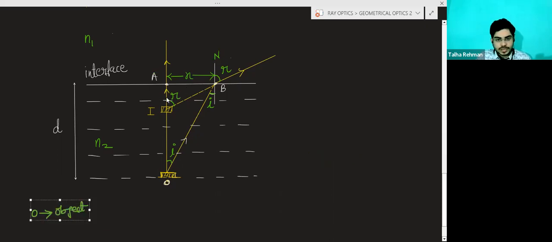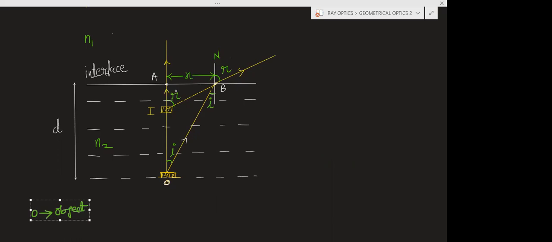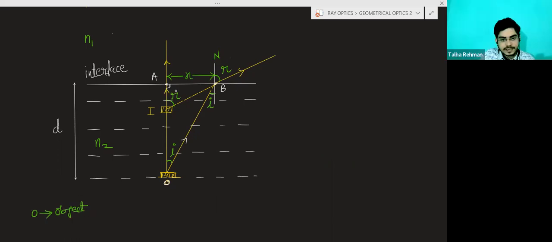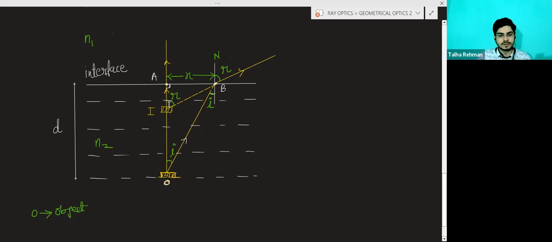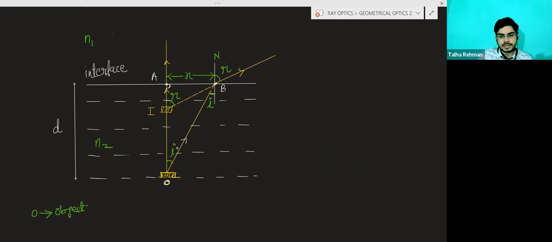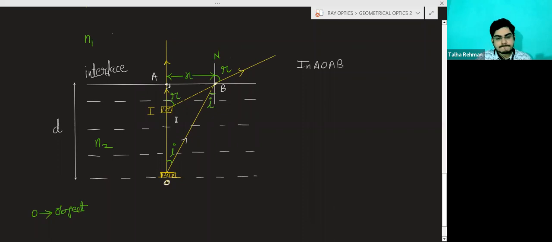This angle will be 90 degrees. So in triangle OAB, we can find tan I.